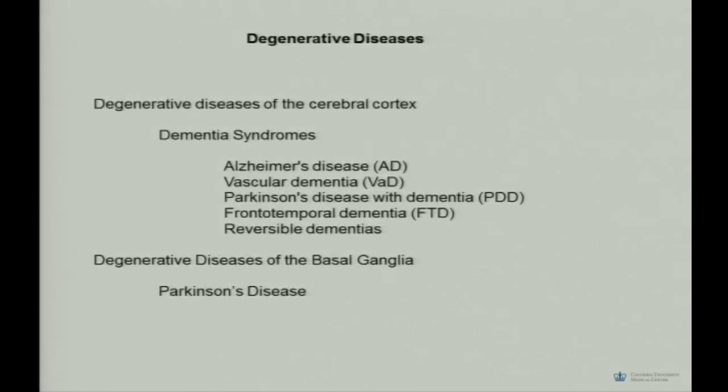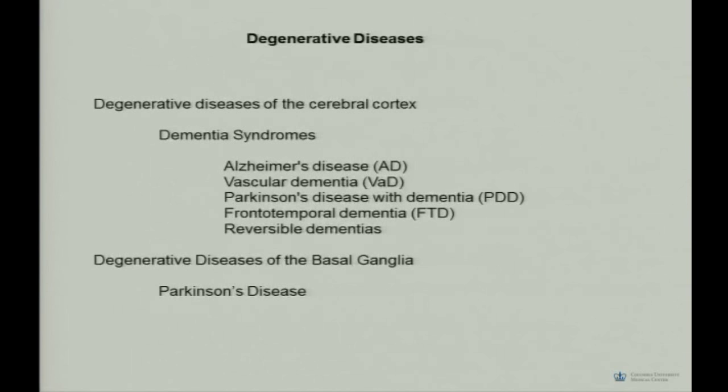So we're going to talk about a few degenerative diseases that affect the central nervous system. And degenerative diseases are conditions that get progressively worse with time, and the mass of brain that is involved or affected increases with time.